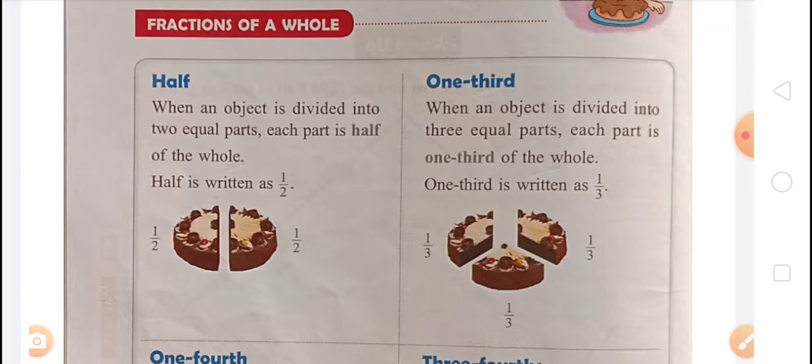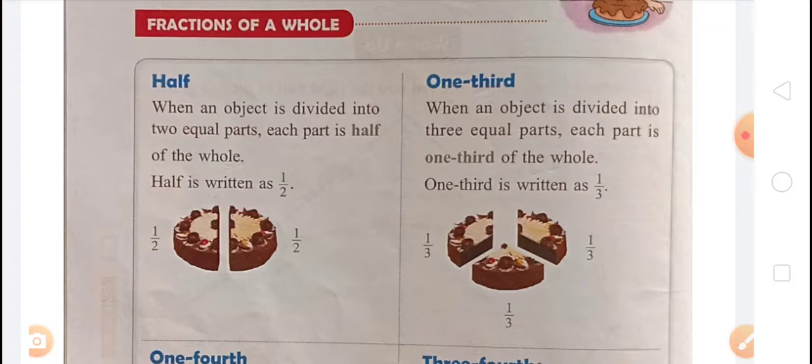Now we have to know fractions of a whole. First, half. When an object is divided into two equal parts, two equal halves or two equal pieces, each part is half of the whole.